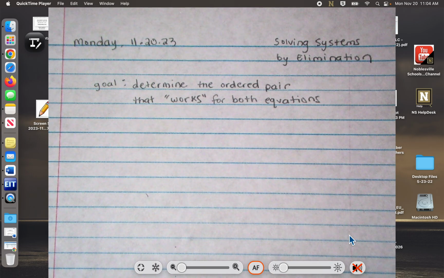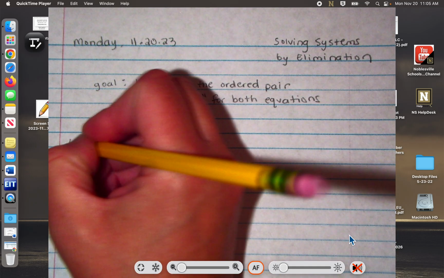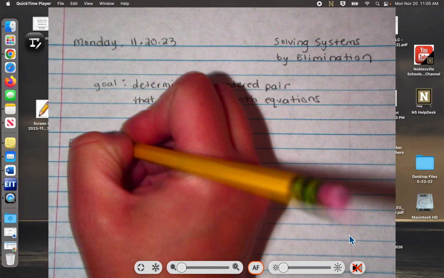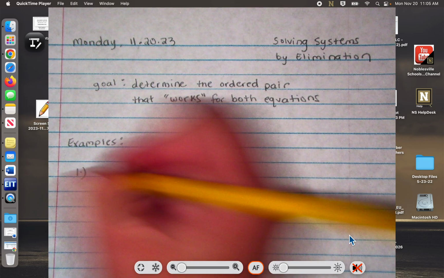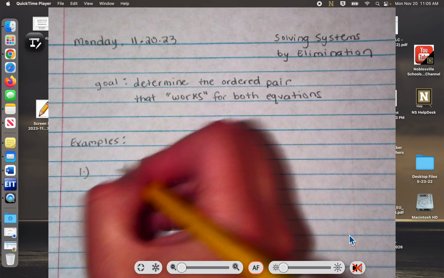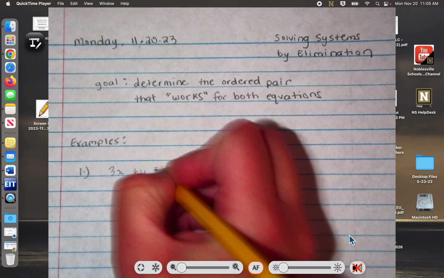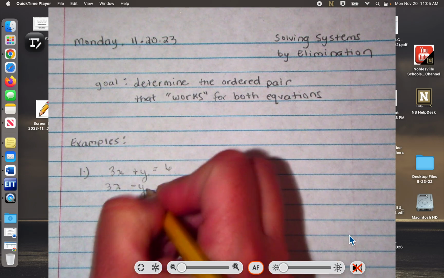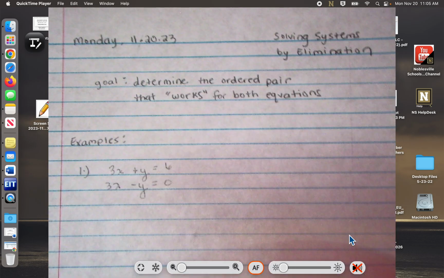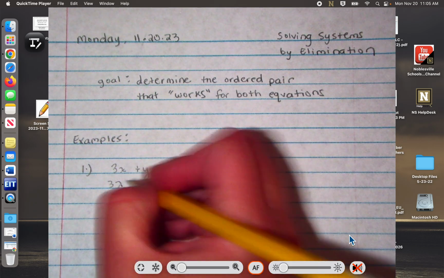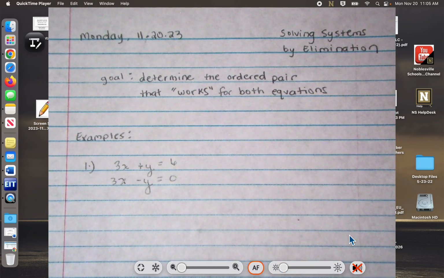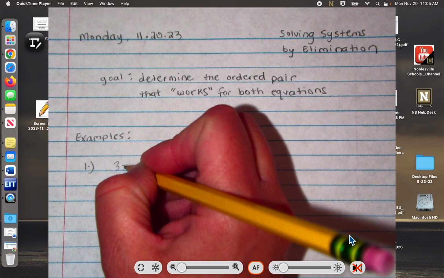So where would the two lines intersect on a coordinate plane? So we have 3x plus y equals 6 and 3x minus y equals 0.